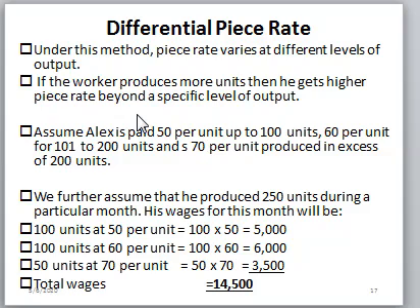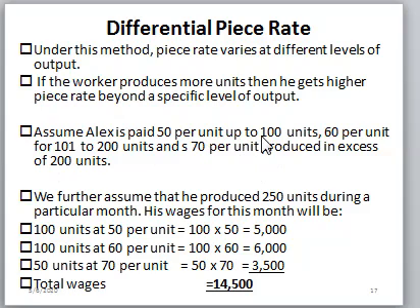If you look at this example, assume Alex is paid 50 per unit up to 100 units, meaning that if he produces 100 units, he's going to be paid 50 per unit. Then he will be paid 60 per unit if the production is between 100 and 200.